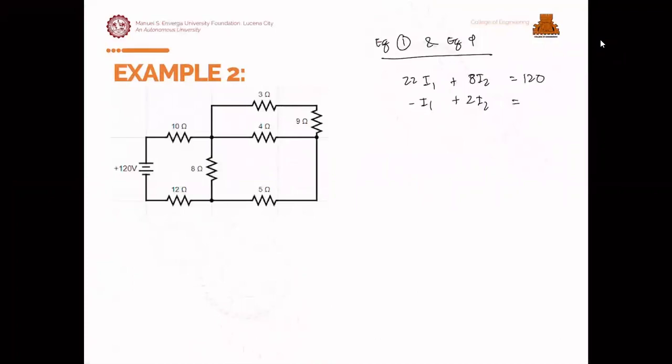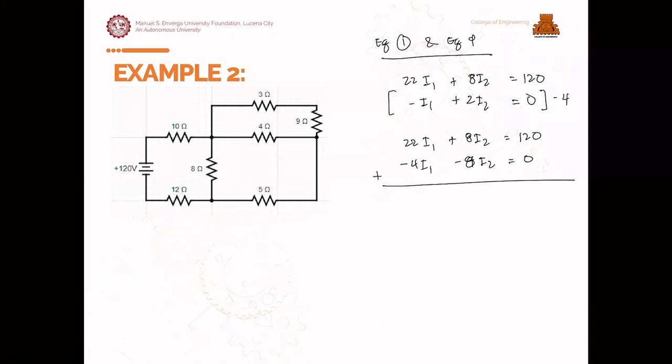So para ma-cancel out yan, kung gusto natin is I1 yung matira, okay, gawin natin, multiply natin to ng negative 4, yung equation 4. So this will be 22I1 plus 8I2, 120. So negative 4I1 minus 8I2 is equals to 0. Then pag pinag-add natin ngayon, this will be negative 18I1 is equals to 120.